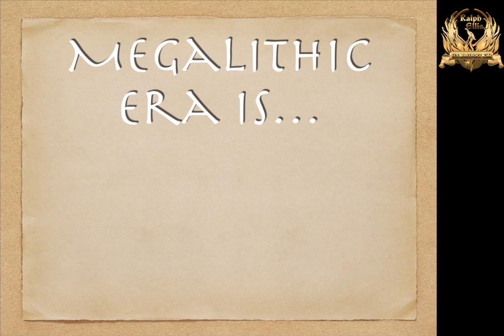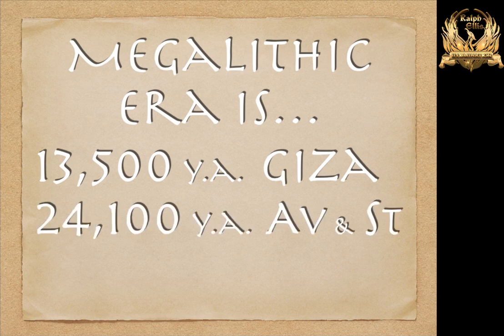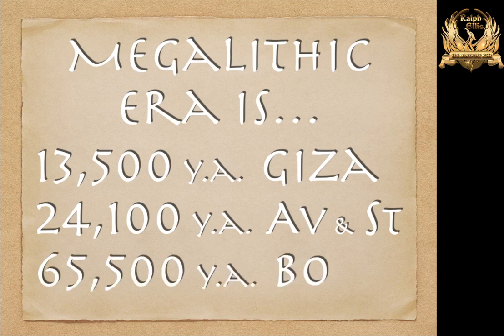Well, it's telling us that the megalithic era is 13,500 years ago for Giza, or 24,000 years ago for Avebury and Stonehenge, or if you want them built as one megalithic project, you have to go back about 66,000 years ago to have them both with the same astronomical alignments and depictions.